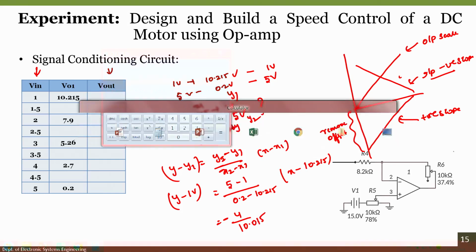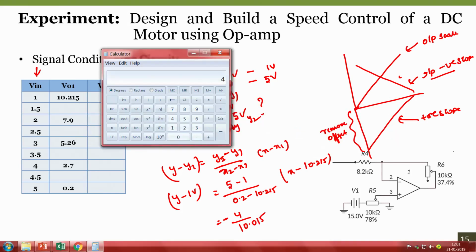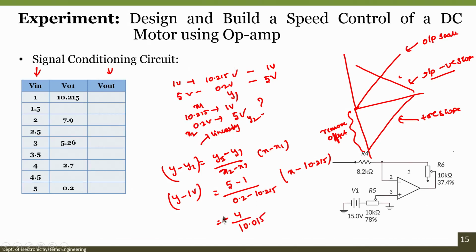Then 4 divided by 10.015, when I do it, I get 0.4. This value is approximately 0.4 because it is 0.399. So, I will change this to 0.4 into x minus 10.215.